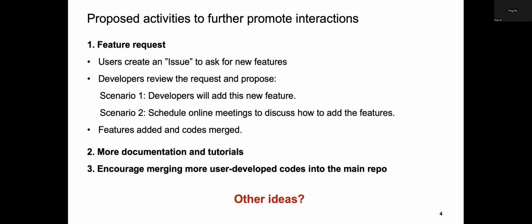And one thing I want to highlight is that requesting a new feature doesn't mean that if you publish a paper, you have to include me. No, we can just help you with how to develop it, because we are not going to develop it. But we still encourage you, if you develop a new feature, to merge that into the DAFoam repository.